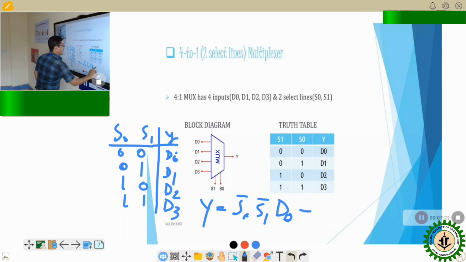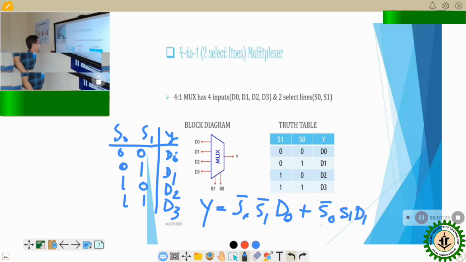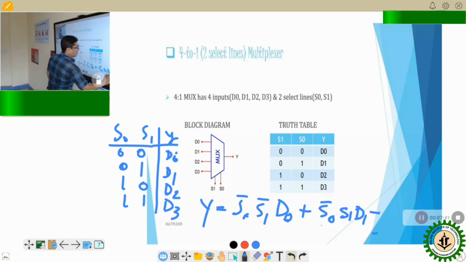Next, again we can write S0 complement, S1 and D1. Similarly, the next term will be S1 bar, S0 and D1. So the next term will be there, and we will get this.